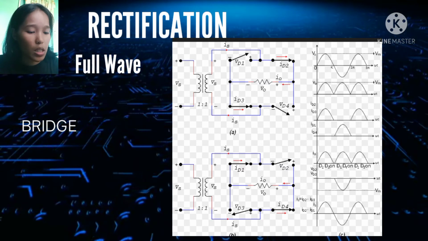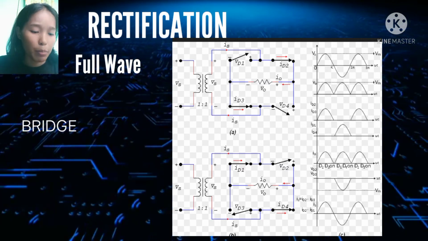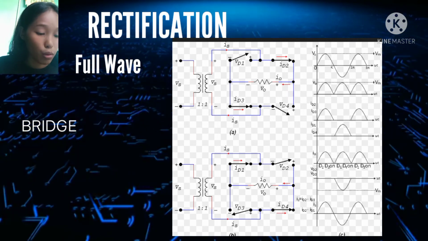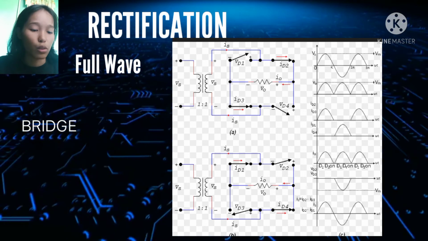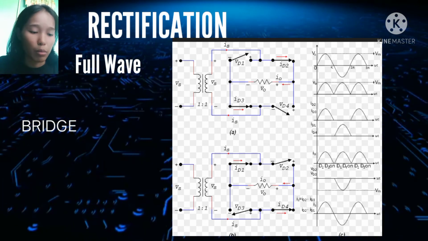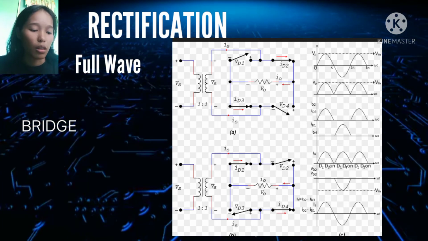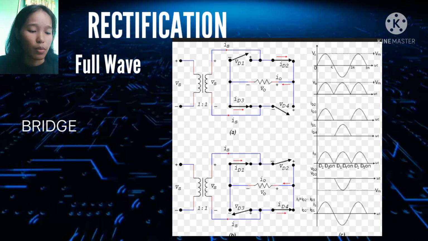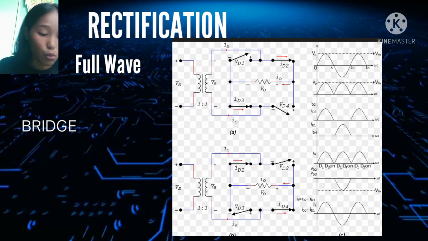So here, you can see, for the first example, the voltage direction is equal to the direction of the diode 2 and 3. So therefore, our diode 2 and 3 will be short circuit. So our D1 and D4 will be open circuit. So here, hindi nagsi-zero siya. So, continue pa rin yung current niya to flow.